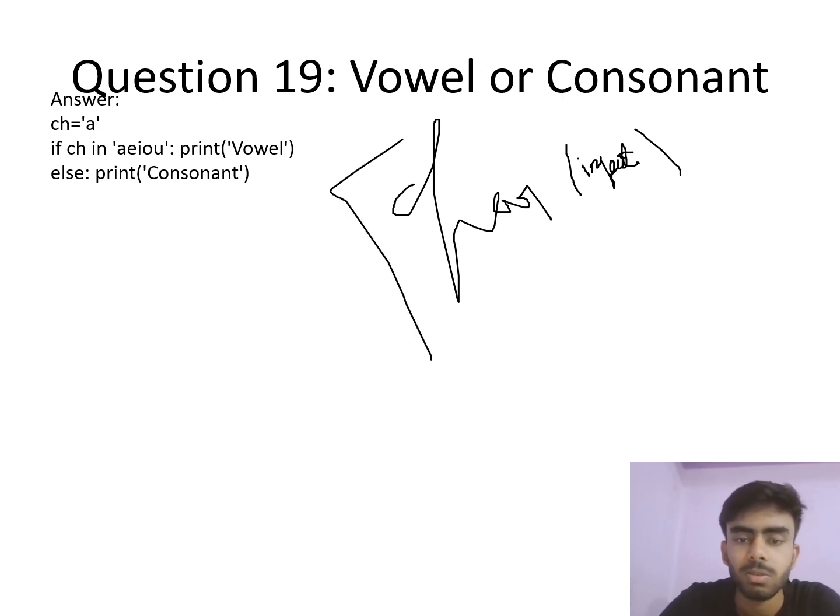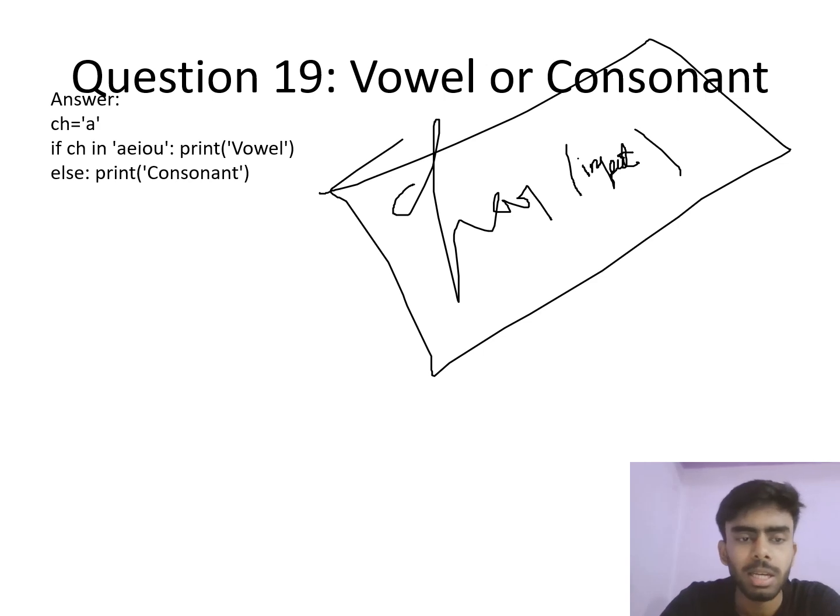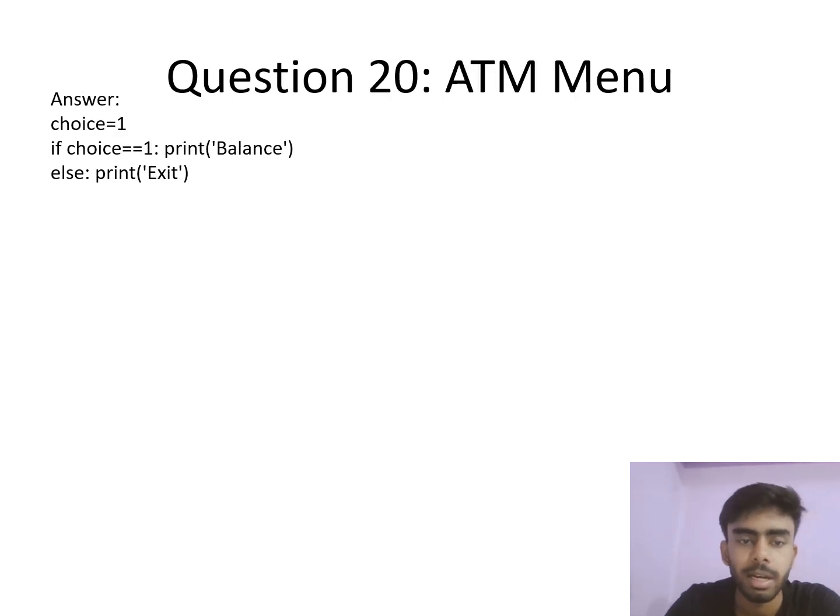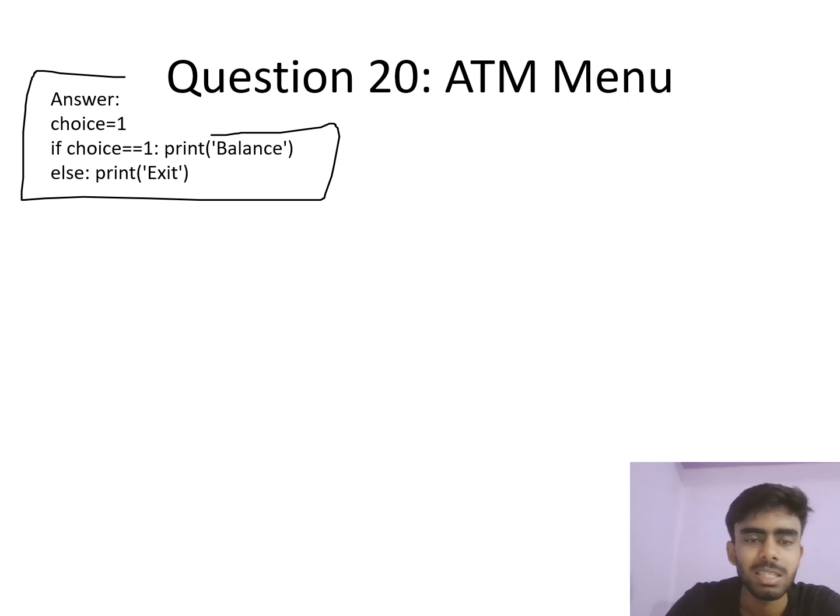Remember this one. Here the user has already taken the character A. If ch in A, E, I, O, U print vowel, otherwise print consonant. We all know that A, E, I, O, U are the only vowels, and others are consonants. Now come to the next question. ATM menu. This one is also a very easy question.